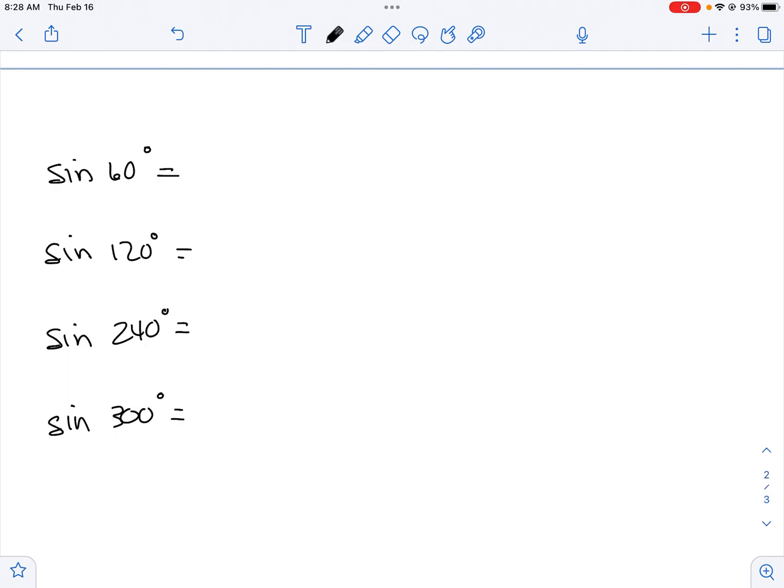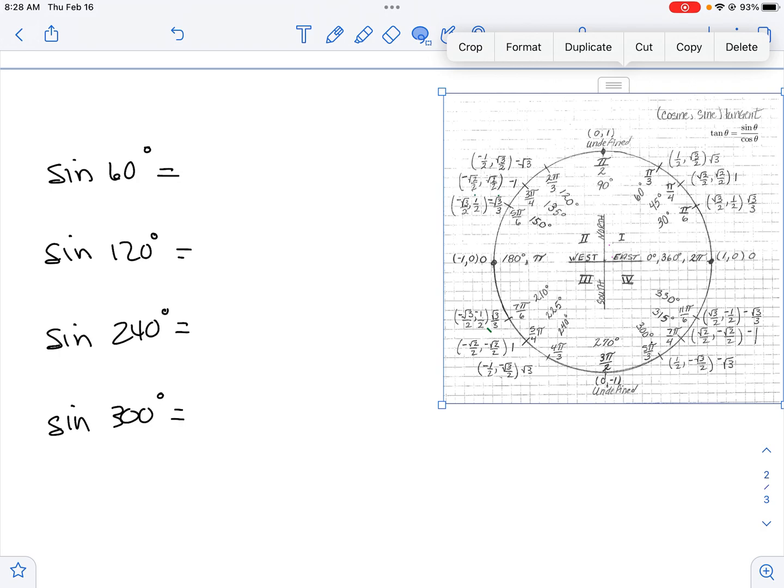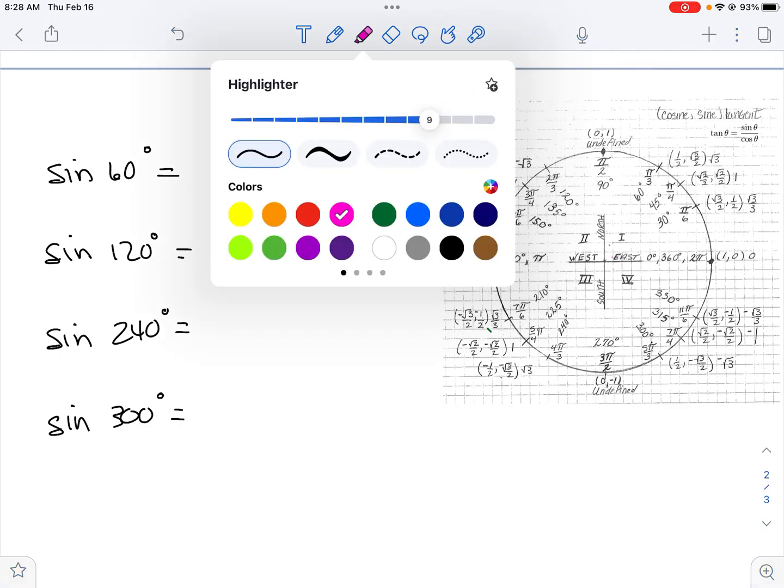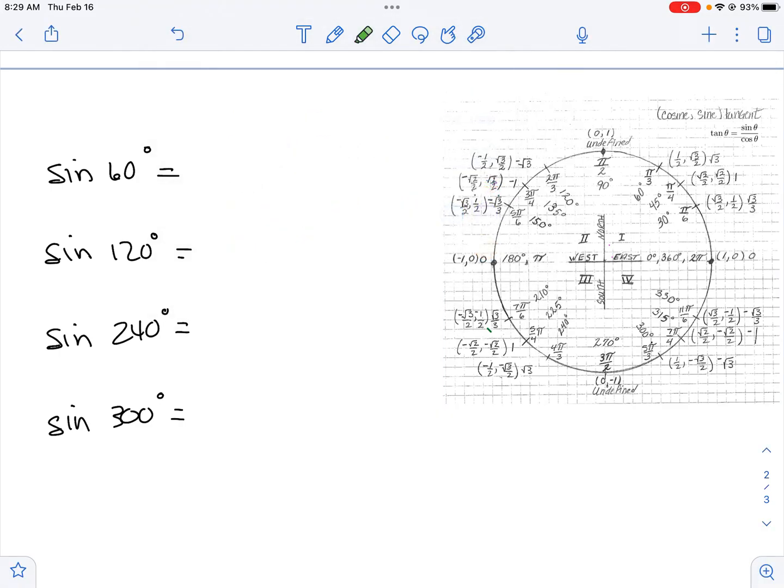So I'll give you a question like that. All you're going to do is grab the unit circle, boom. You're going to go to sine at those locations. So here is 60 degrees, and here is sine. Here is 120 degrees, here is sine. Here is 240 degrees, here is sine. Here is 300 degrees, here is sine.